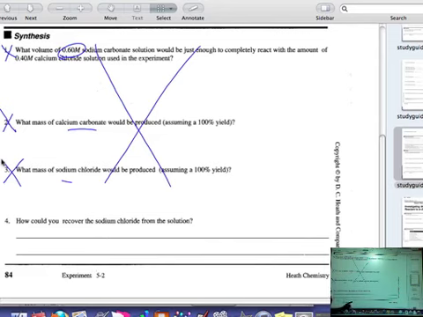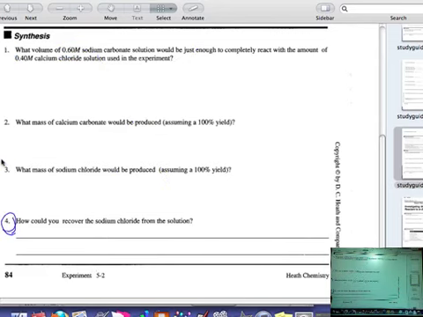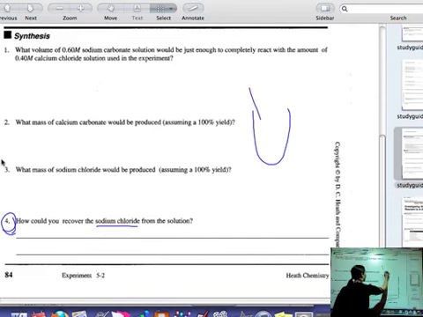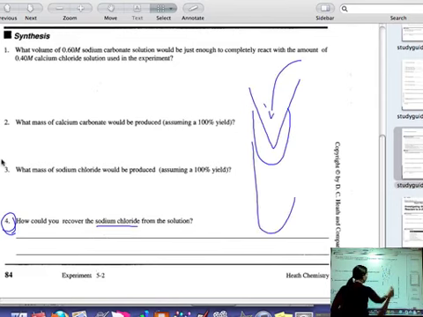Okay? You are, however, responsible for question number 4. Circle. Okay? You are responsible for question number 4. How would you recover the sodium chloride from the solution? You've been dealing with calcium carbonate from the solution. So how would you recover the sodium chloride? So picture that little setup where you had a filter paper and you're pouring water through and it's collecting down here. You're collecting the water. Look, it's even blue.